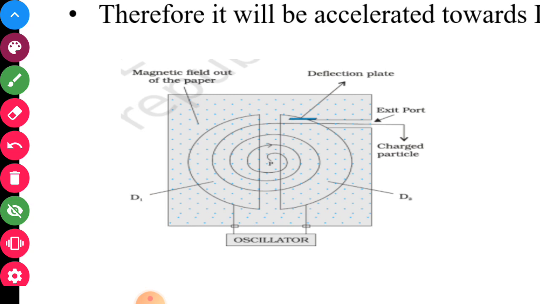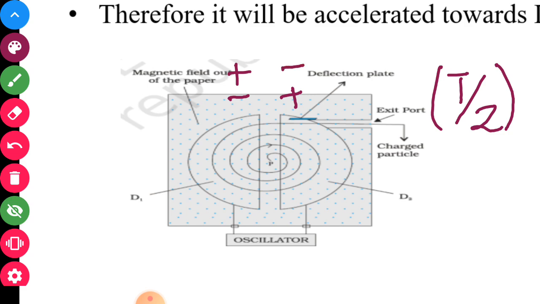If you consider that at a particular moment of time D1 is negative and D2 is positive, then after a fixed time interval, T by 2, where T is the periodic time, the negative will become positive and the positive will become negative. So these two D-shaped containers alternately become negative and positive after a regular interval of time, that is, T by 2.